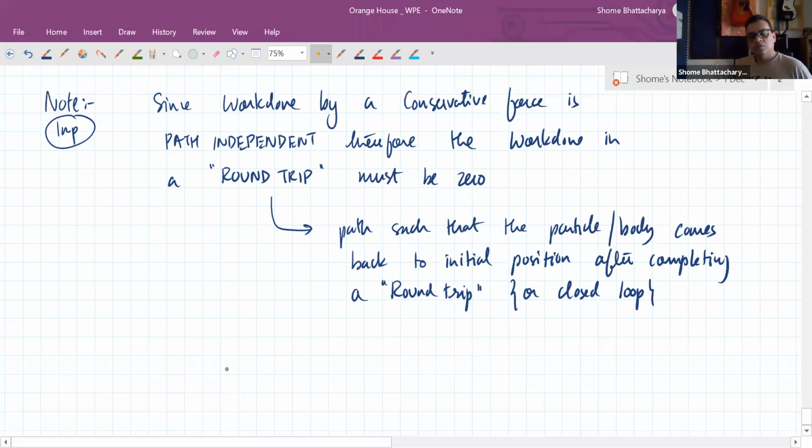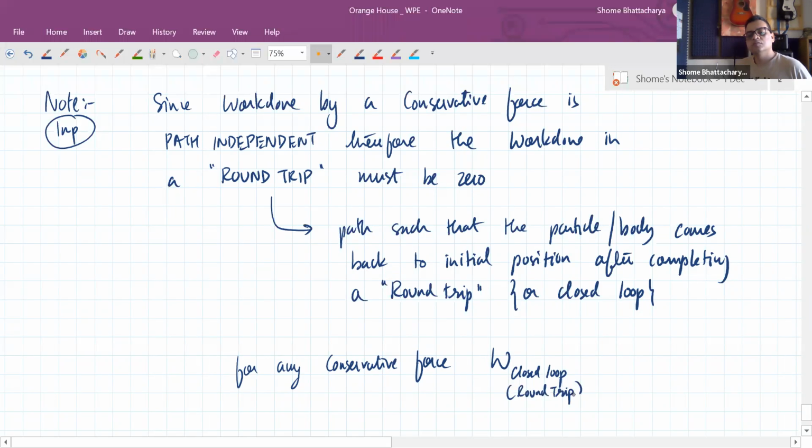So for any conservative force, work done in a closed loop or round trip must be equal to zero.